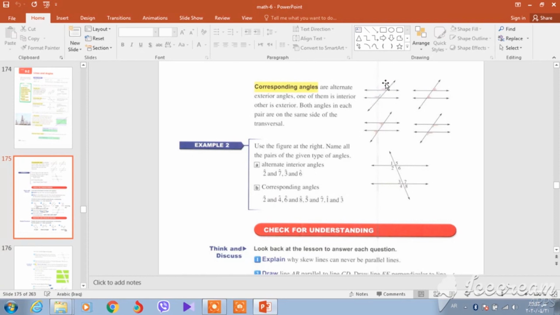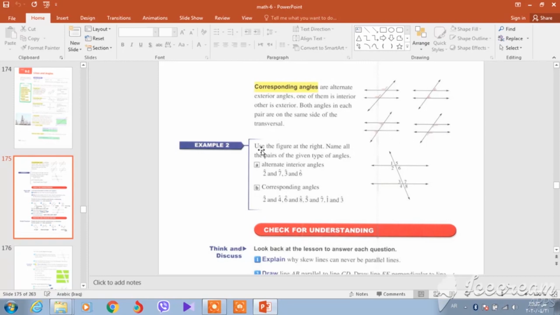One of them is exterior and one of them is interior. Also, this angle in the exterior and this angle in the interior are corresponding angles, and also this one in the interior and this angle in the exterior are corresponding.